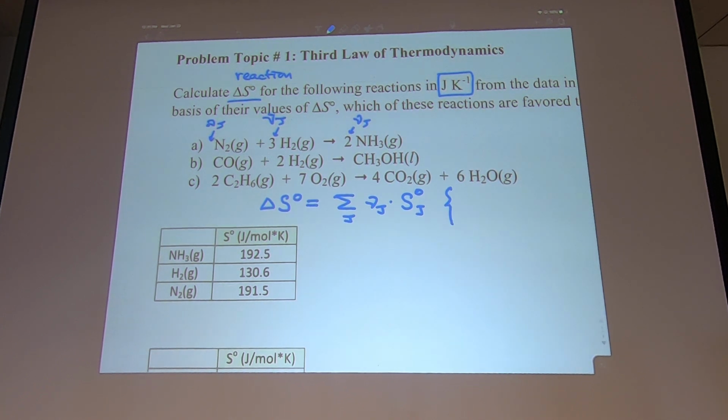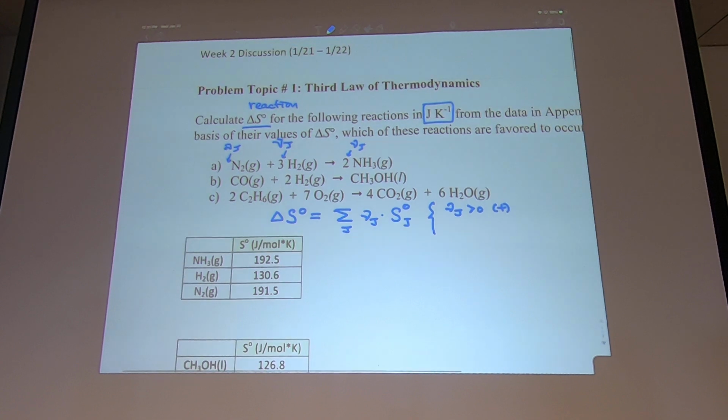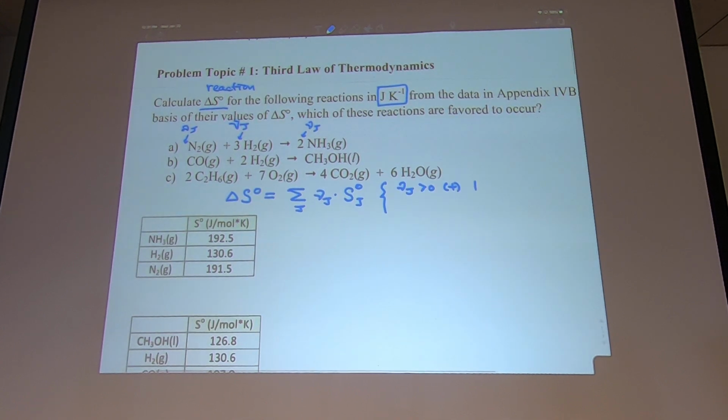And the most important information is that mu J is positive for your product, and mu J is a negative value for a reactant. All you gotta do is sum it together to get the answer, right?